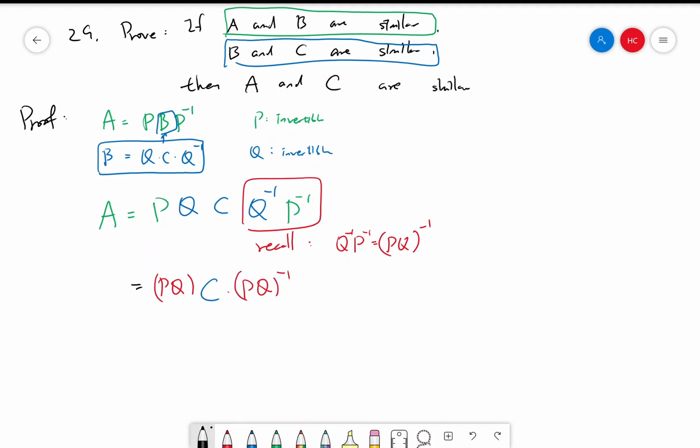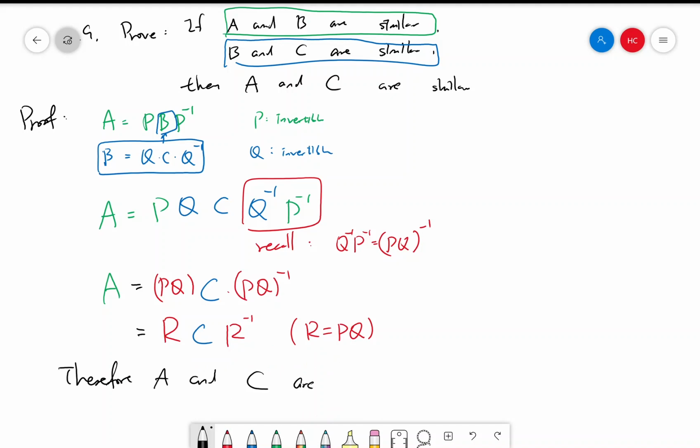Therefore, by definition, A is equal to a matrix times C times the first matrix's inverse. We can say this is equal to R times C times R inverse, and R is equal to PQ. So therefore, A and C are also similar.